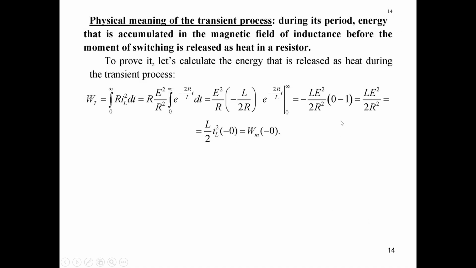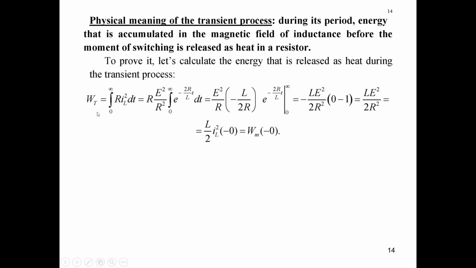So it will be L over 2 multiplied by I_L squared minus 0. So what we have here is L I_L squared over 2, the energy of the magnetic field, and as the current here is before commutation, it will be the energy of the magnetic field before commutation.